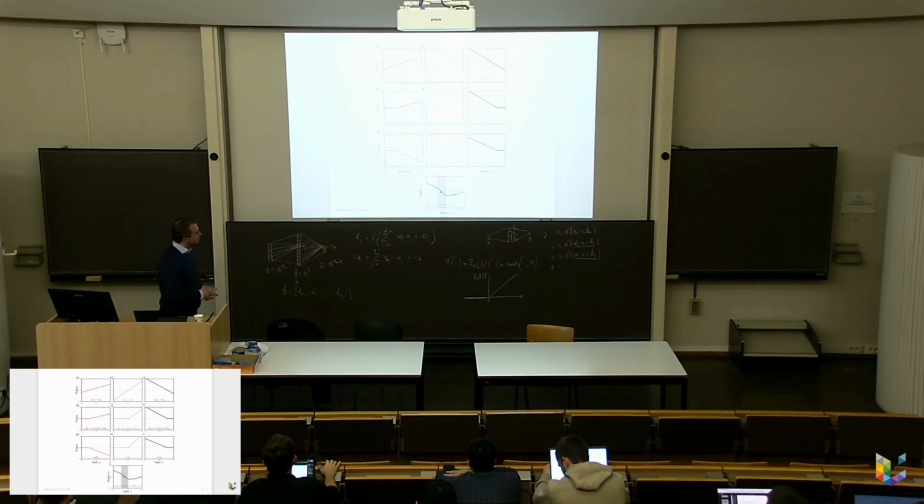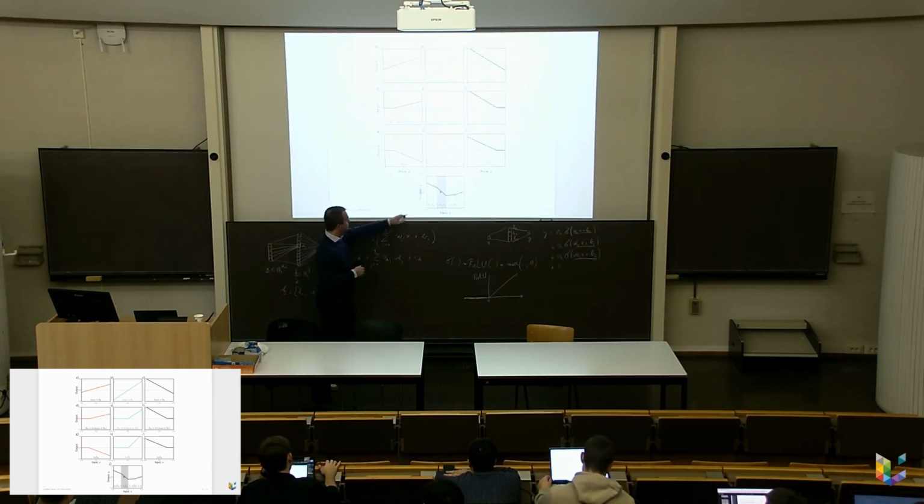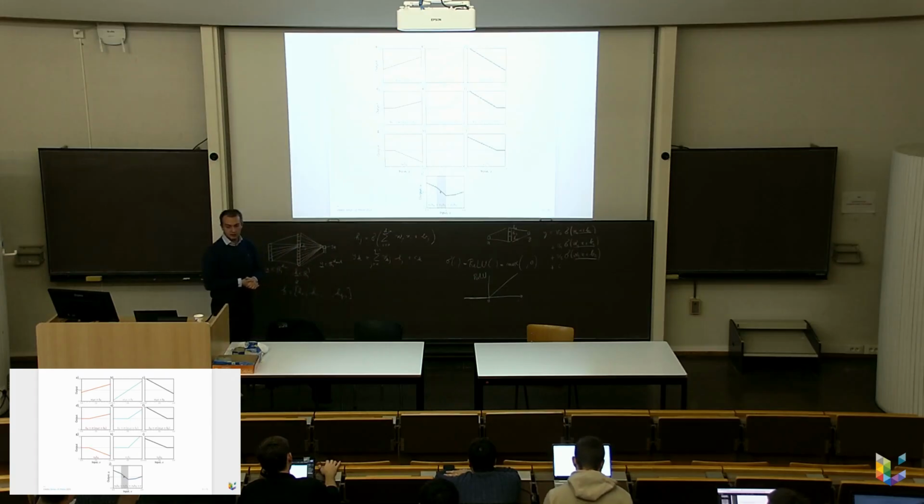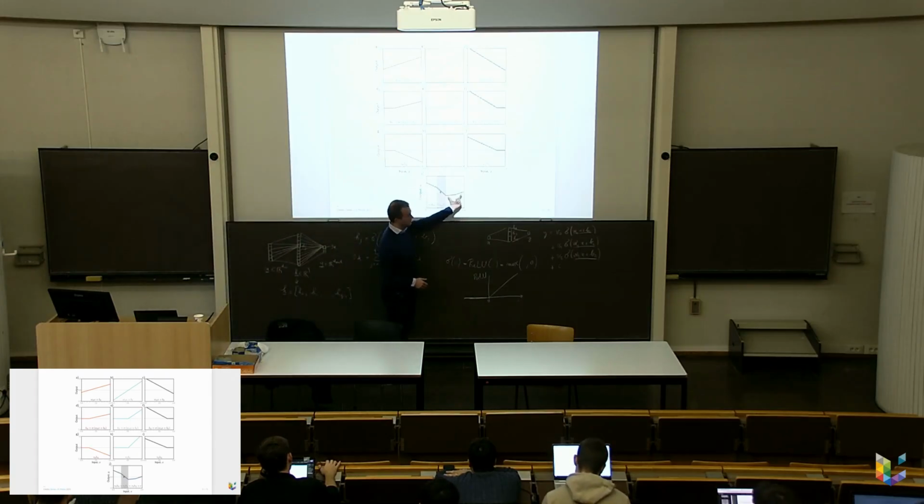What is interesting is that you should realize that by just combining these ReLU activation functions, we obtain a function which at the end of the day is piecewise linear. Okay, you see that it's made of linear segments.